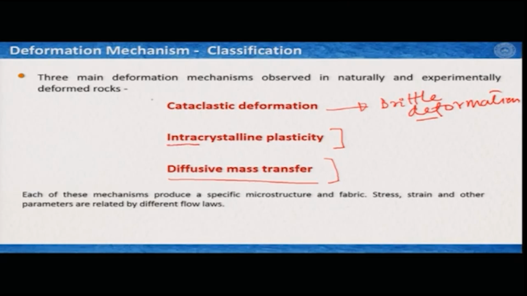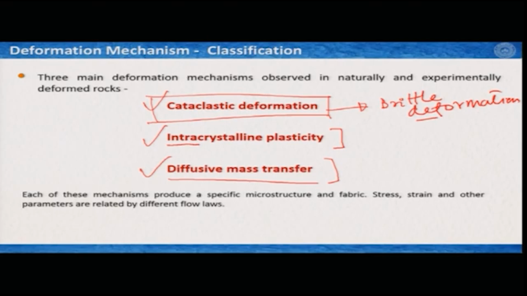So, today we will mostly focus on cataclastic deformation, and as I said in the previous slide, each of these, be it cataclastic, be it intracrystalline, be it diffusive mass transfer, if you look at the microstructure, they are characteristic for each and every process.